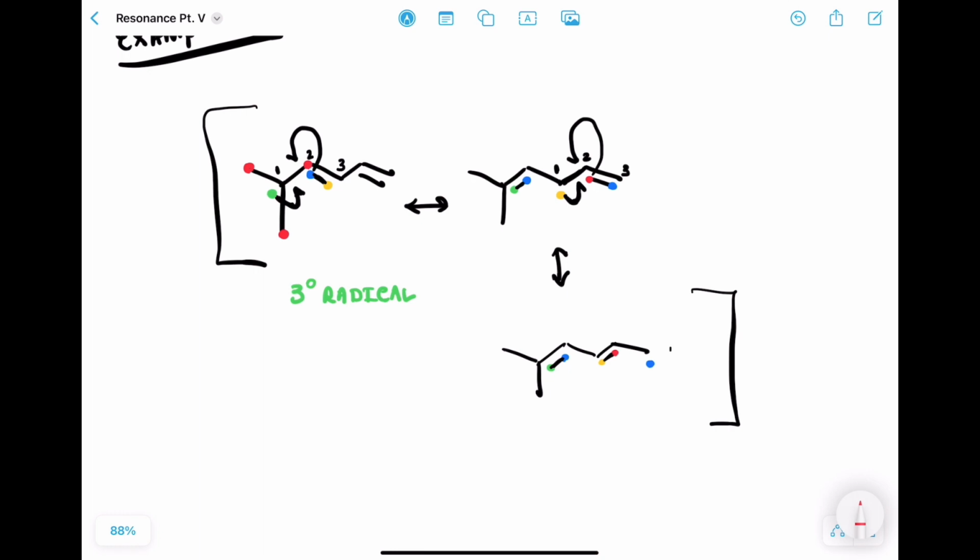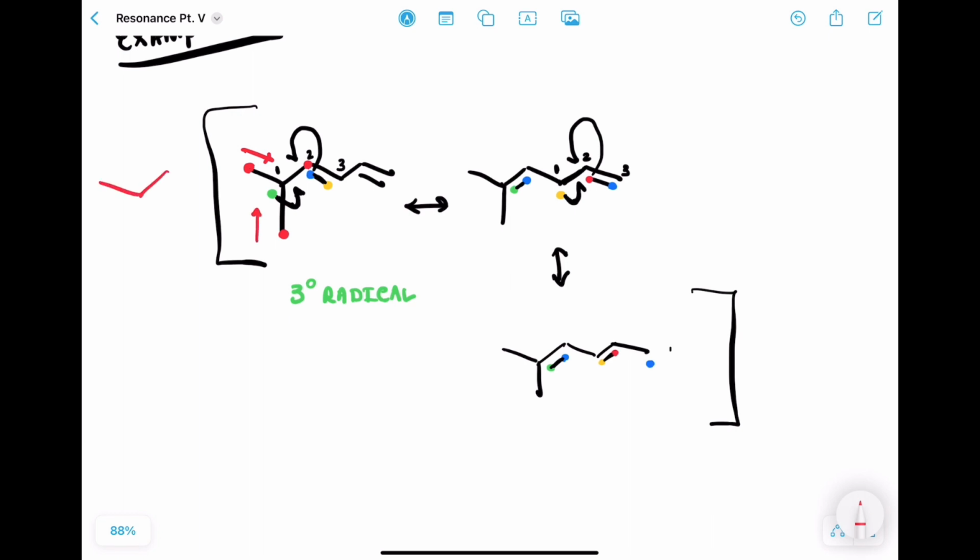So when you have three carbons around a positive charge, that's a good thing because carbons are pushing electron density into the positive charge. However, a radical is electron density. When you have three carbons around something with electron density, like a radical or a lone pair, negative charge, whatever, it's not good to push electron density into where that radical already exists.